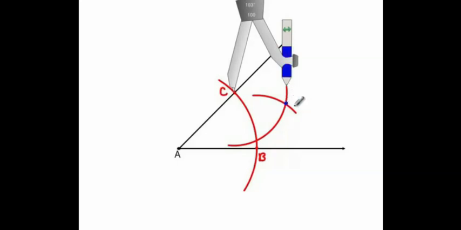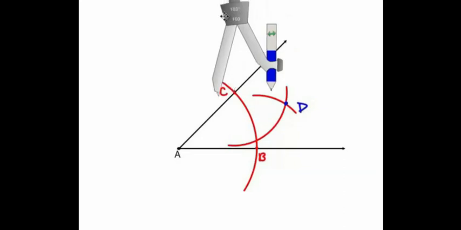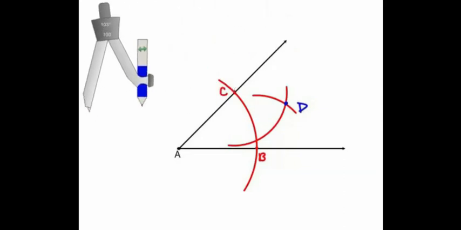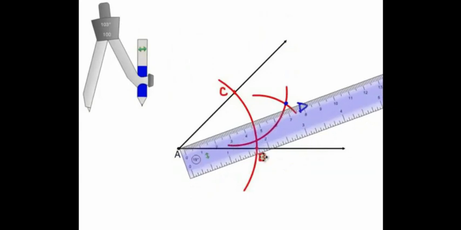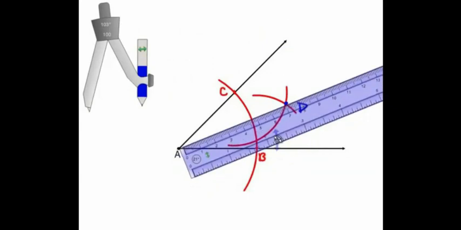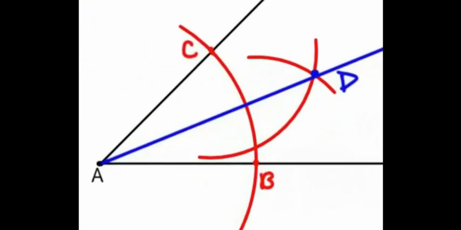So let's label that point D. Then taking your straight edge, place it such that you make a line that goes through points A and D. And there you have it. You have ray AD is the angle bisector of angle CAB.